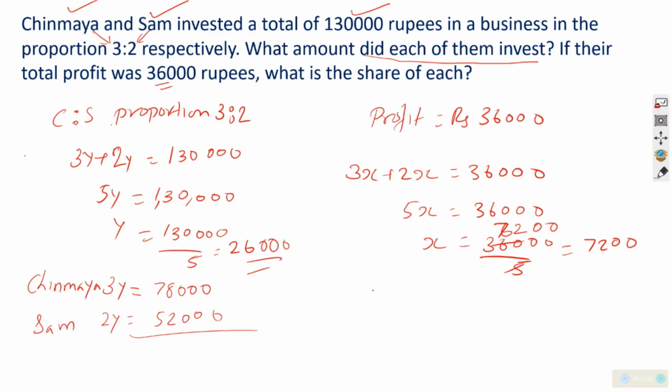Now 3 into x, first case. That means 3 into 7,200, which is 21,600. Right? This is Chinmaya's case. And Sam is 2x. Right? 2 into 7,200, which is equal to 14,400.